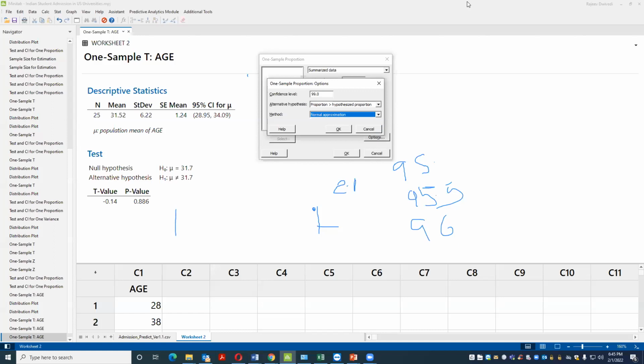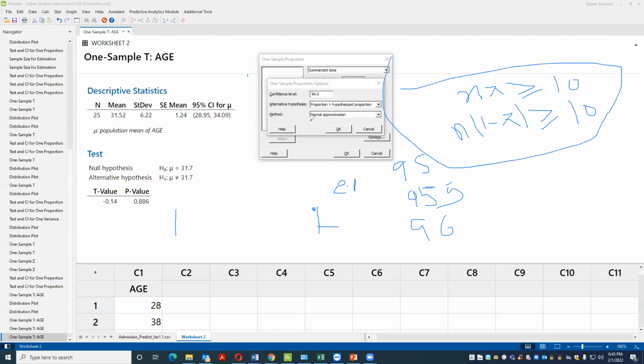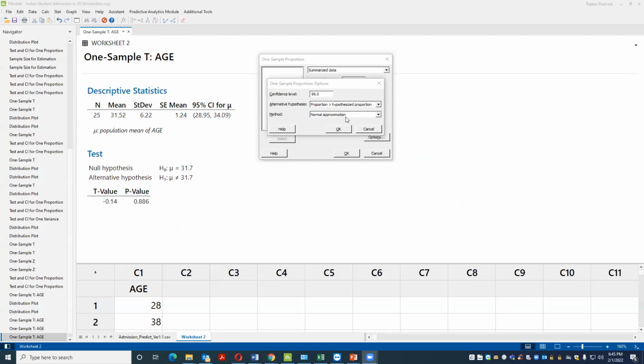Always keep this principle: n pi greater than or equal to 10 and n(1 minus pi) greater than or equal to 10. Check this, and you can select which option. If this condition is fulfilled, then you go for normal approximation in proportion. Otherwise you can use exact.